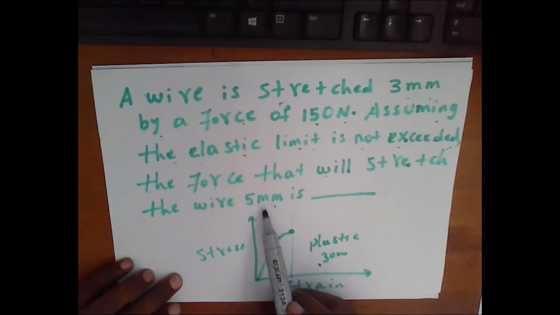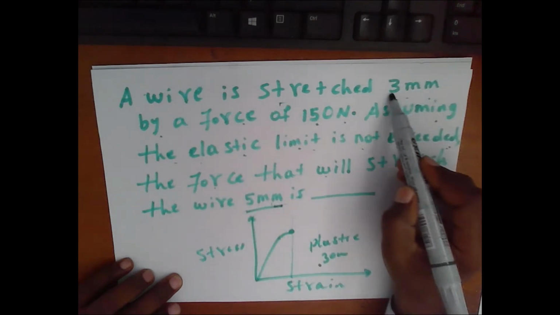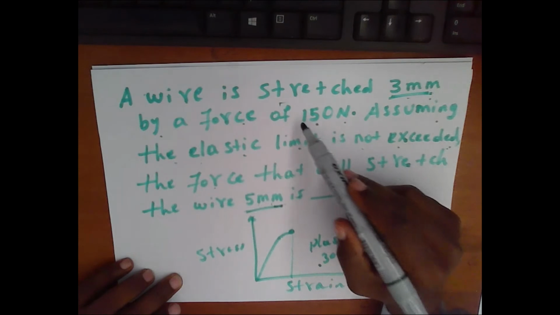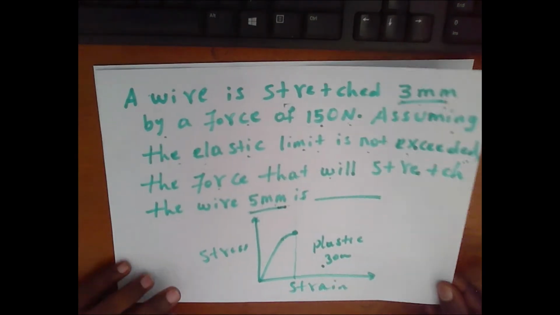So we need to find the force that stretches the wire this much, this much value of change in length. But for this much value of change in length, we have got this one. So we proceed like this.